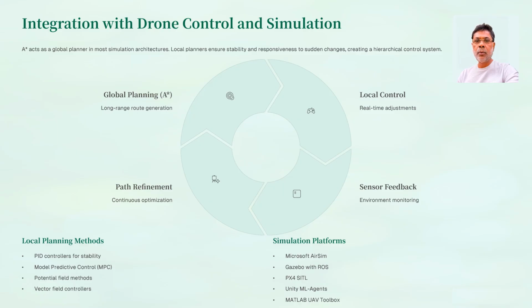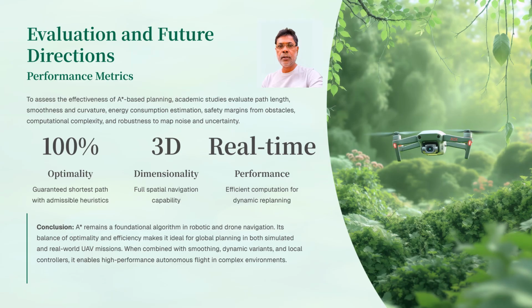To understand how well A-star works for drone path planning, researchers look at a few key factors: how long the path is, how smooth the flight looks, how much energy the drone uses, how safely it avoids obstacles, and how fast the algorithm can run. When used with a proper heuristic, A-star can guarantee an optimal route.